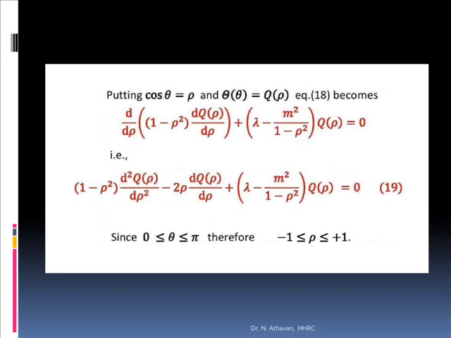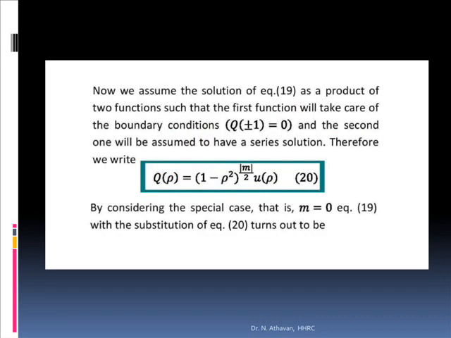Now the limits of rho lie between minus 1 and plus 1 because the limits of theta lie between 0 and pi. Now we assume the solution of equation 19 in the usual way, that is as a product of two functions such that the first function will take care of the boundary conditions, that is Q of plus or minus 1 is equal to 0 as per the postulate of quantum mechanics, and the second one will be assumed to have a series solution.